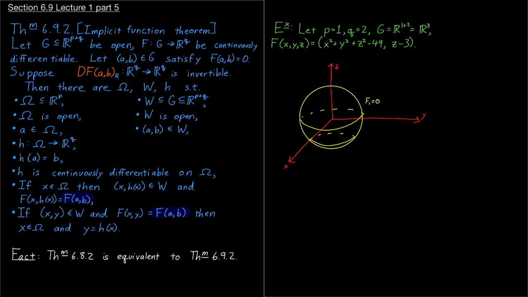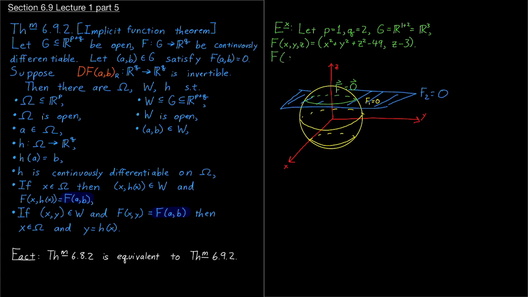Then we've got our plane where our second component is 0. And they intersect, of course, at this circle here, this circle where all of f is 0. You can write this as f vector equals 0 vector. I'm sure some of you will be more comfortable writing it that way.